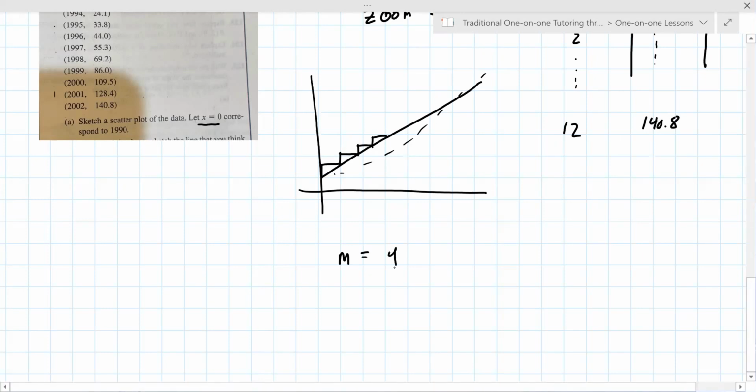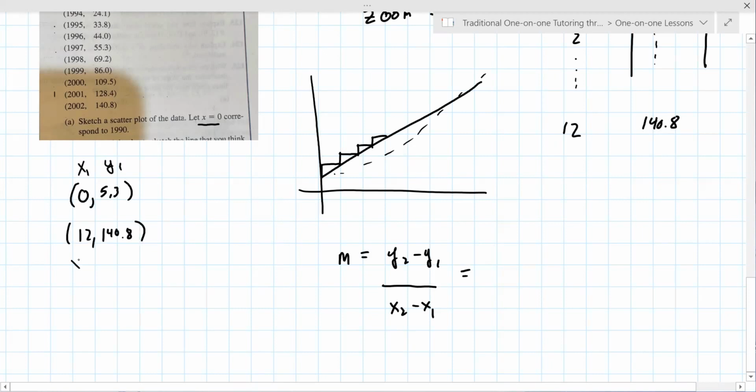So the slope is y2 minus y1 over x2 minus x1. And let's just use that first data point, 0, comma 5.3, and then 12, comma 140.8. Okay, so you've got x1, y1, x2, y2.